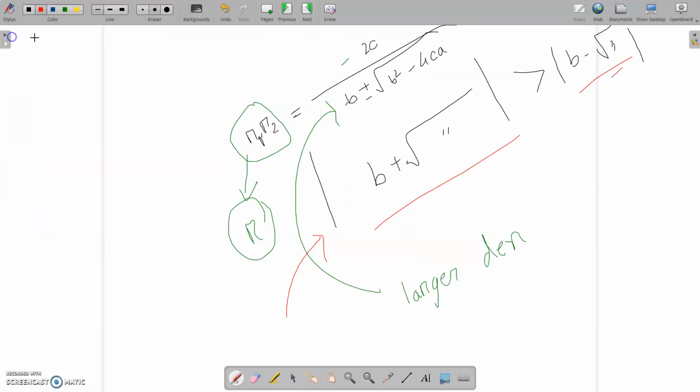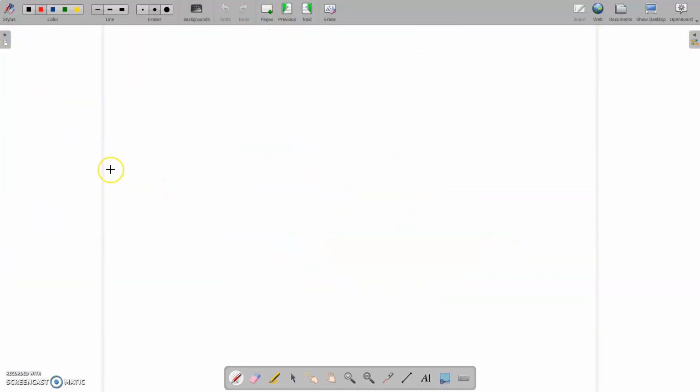Understand this portion first. Our f(x) was x cube minus 13x minus 12. So this has 3 roots.